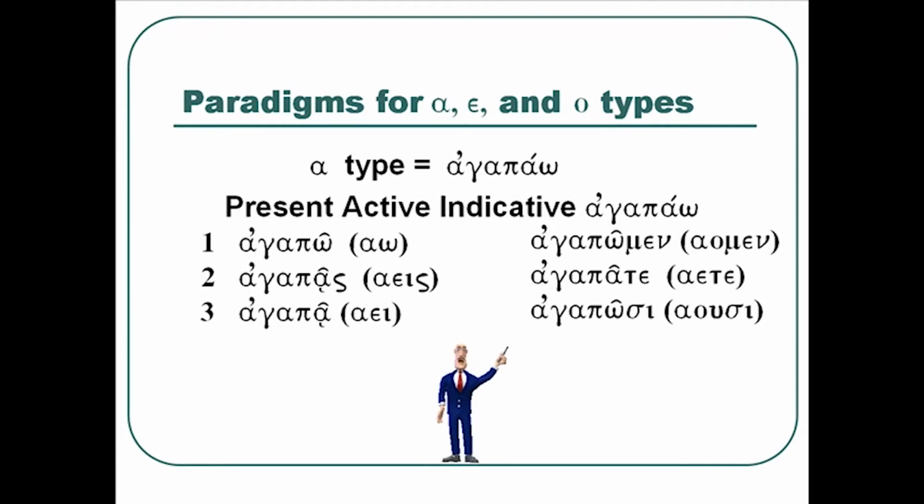And finally, the third person is agaposi, and this is the alpha colliding with the omicron upsilon diphthong, dissimilar diphthongs, O overcomes, goes long, and OC is the outcome. So again, watch out for the circumflexes. They'll tell you that there's been a contraction, and then you can kind of deconstruct to get back to the verb and which ending you got.